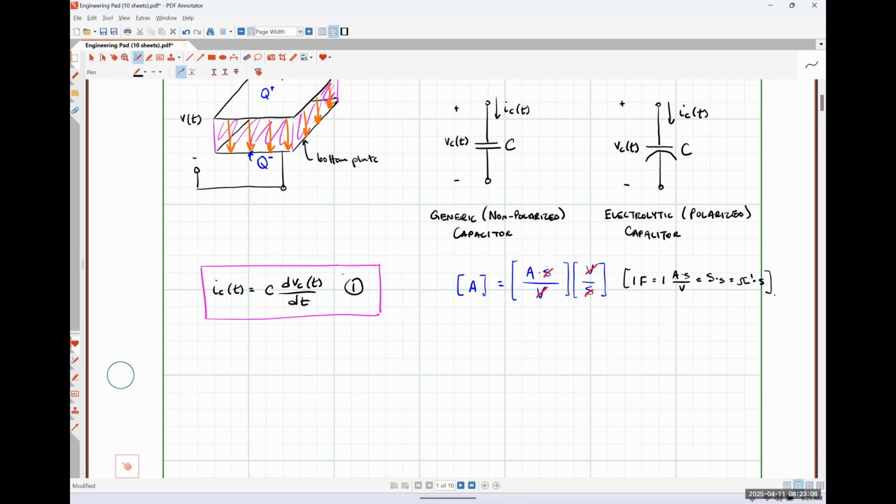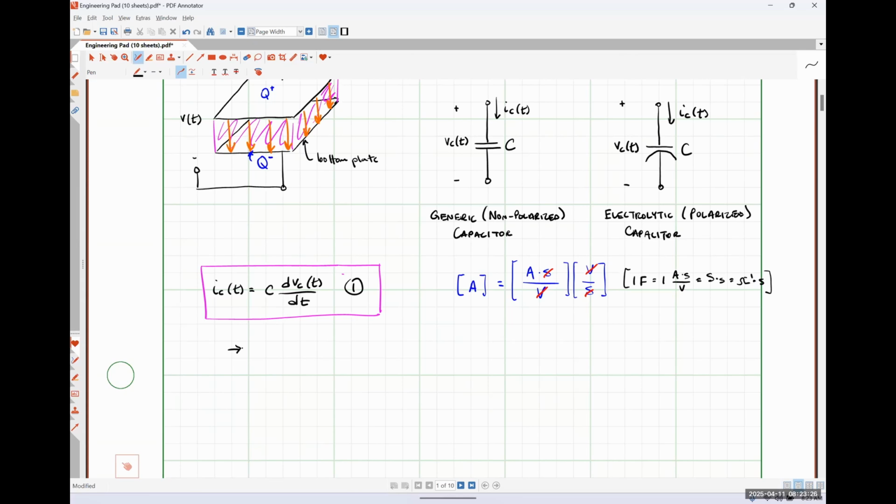So let's look at this relationship here and see if we can infer something about the behavior of capacitors in our circuits containing capacitors, like we did with circuits containing inductors on Wednesday, okay?